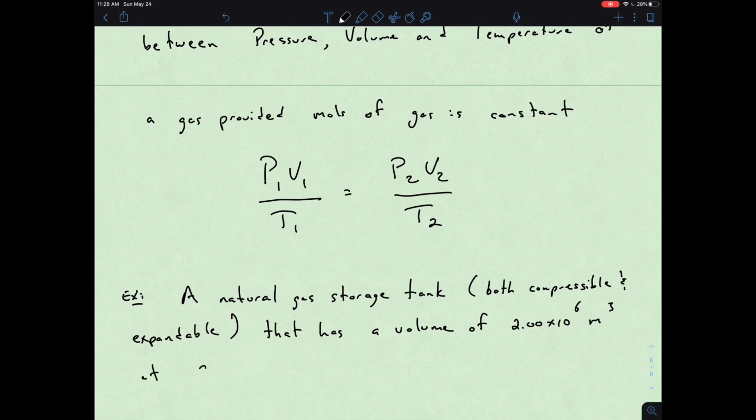And this is at 23 degrees Celsius and 1 atmosphere.